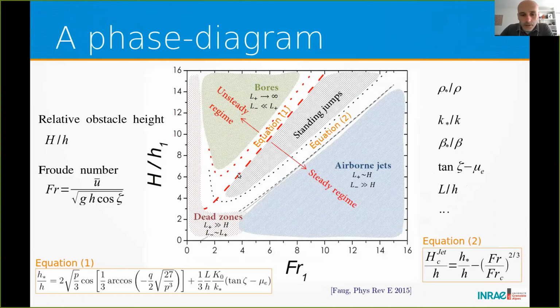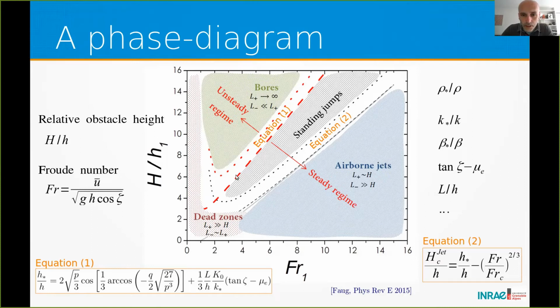With these two important equations, the jump height, equation 1, and the critical wall height below which a big airborne jet will be formed, we can construct a phase diagram for the granular flow wall interaction. So equation 1 is there.